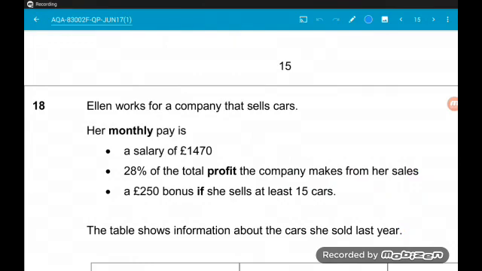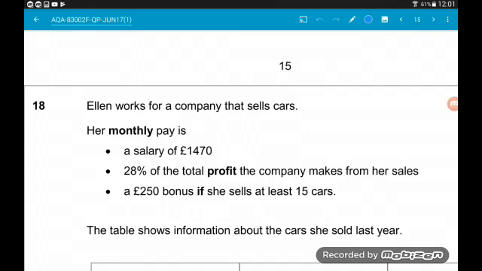Okay, question 18, a nice 6-mark question. So, Ellen works for a company that sells cars. Her monthly salary is £1,470. She gets 28% of the total profit that the company makes on her sales, and she also gets a £250 bonus if she sells at least 15 cars.